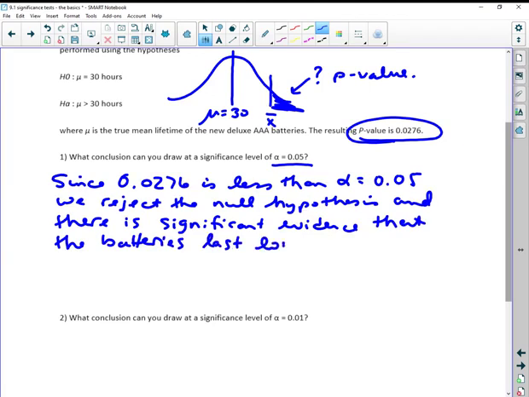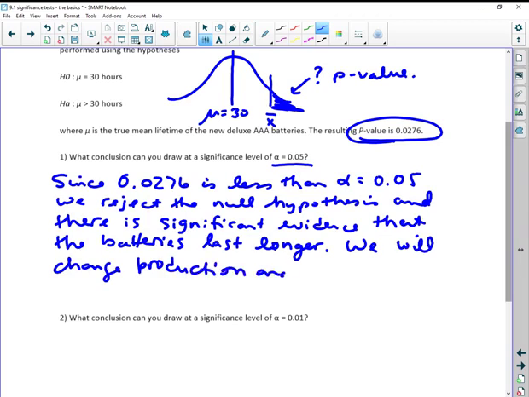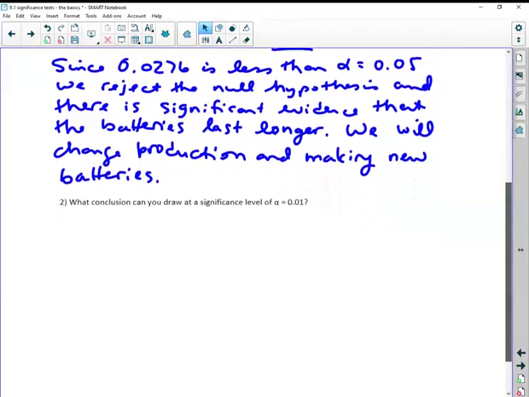So what are you going to do in this situation? We will make the new batteries. And so we're changing that production and making those new, more expensive batteries, but it's worth it because based on our statistical tests, they seem to be working.